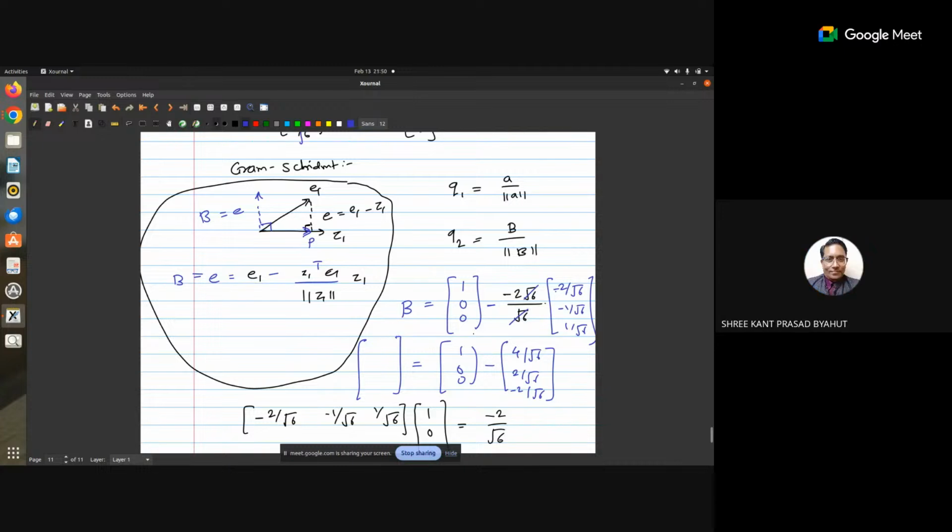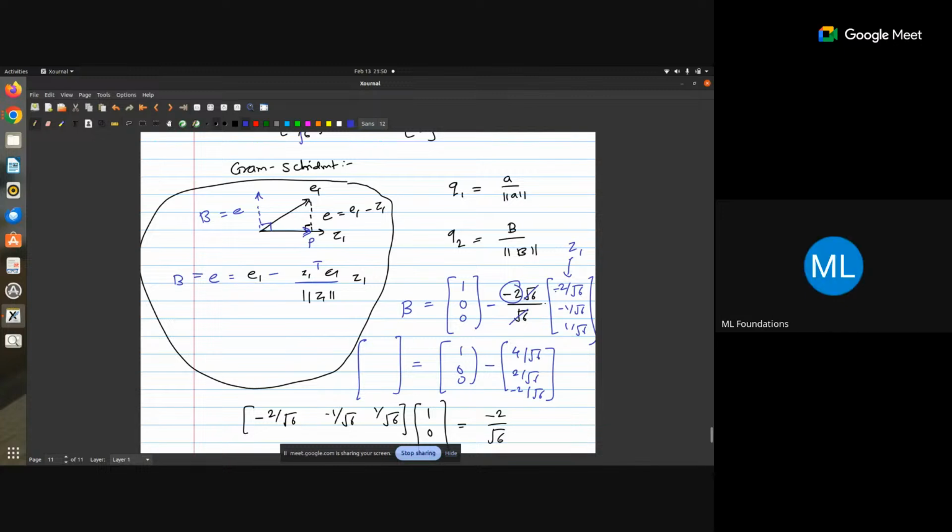How did the second line come, minus 2 by root 6 and minus 1 by root 6? You have just multiplied by minus 2 inside, right? How did this come? It is minus Z1 transpose E1.